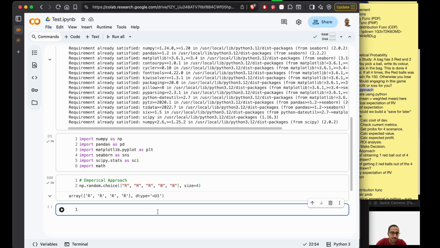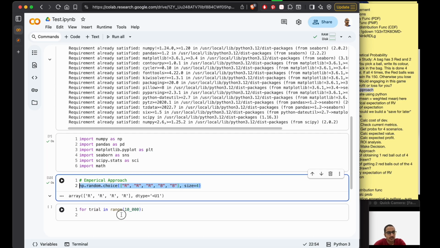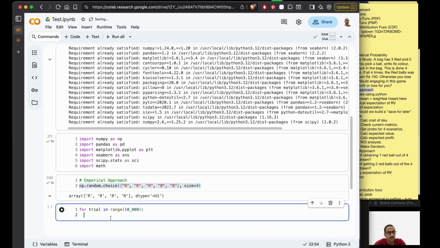So what I will do is, for trial in range 10,000, first I will store this choice, or rather I'll freeze the selections made in a variable.